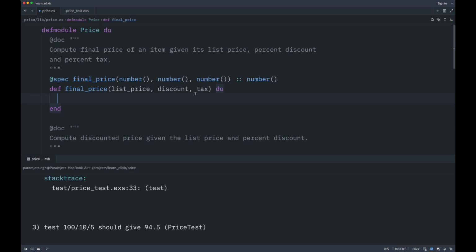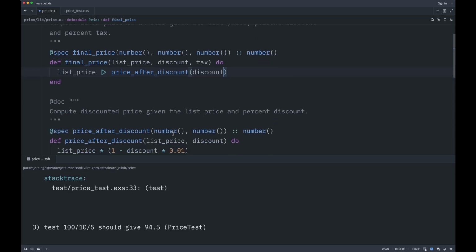So what do I mean by that? We start with list price, and then we'll start with the pipe operator, price after discount, which will take an input of discount. I will pause here and note that price after discount takes two inputs, the list price and the discount. Above, I am only using the discount because I am piping the first piece of information through this pipe operator.